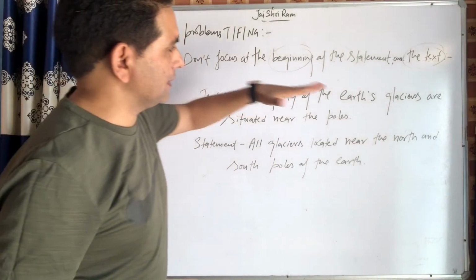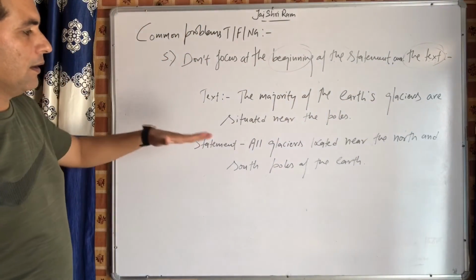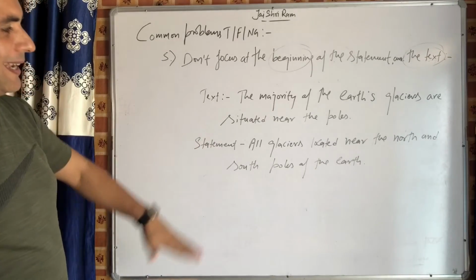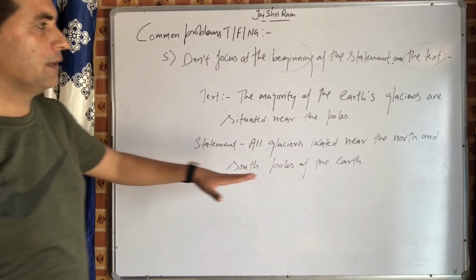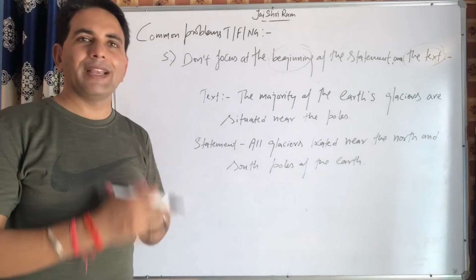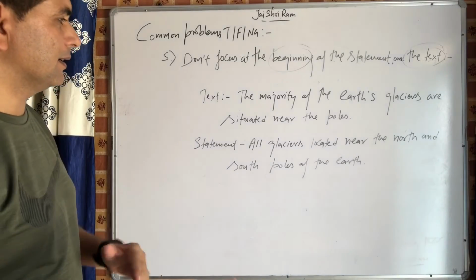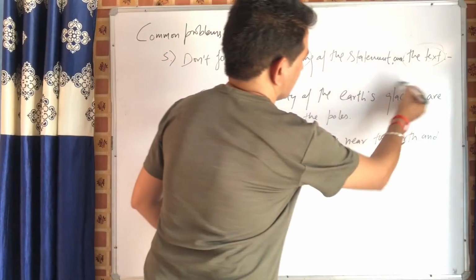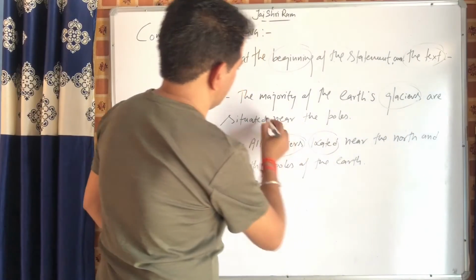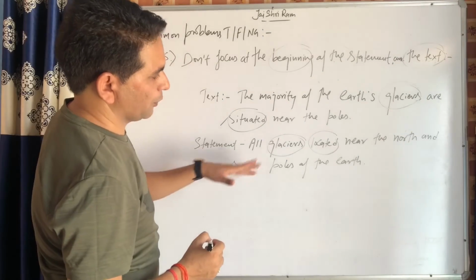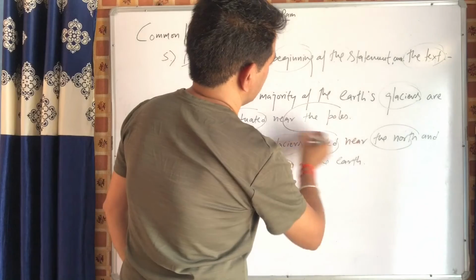The majority of the Earth's glaciers are situated near the poles, and in the statement you can see all glaciers located near the north and south poles of the Earth. So here you can see that a student just tries to match the keywords like glaciers, located, situated, south poles, north poles, or near the poles.